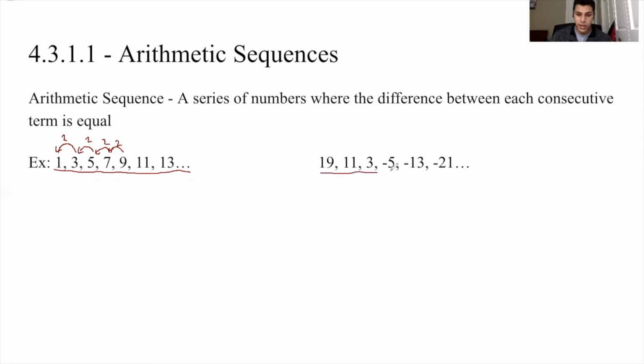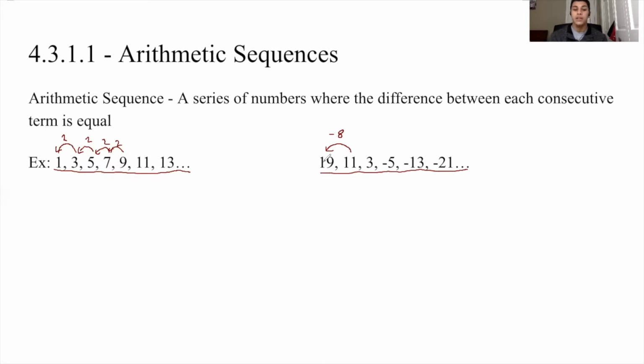Similarly, in this arithmetic sequence, you take 11 and find the difference between 11 and 19, which is -8, because 11 minus 19 is -8. When you're finding the difference between each term, you always have to take the larger consecutive term and subtract the smaller consecutive term.